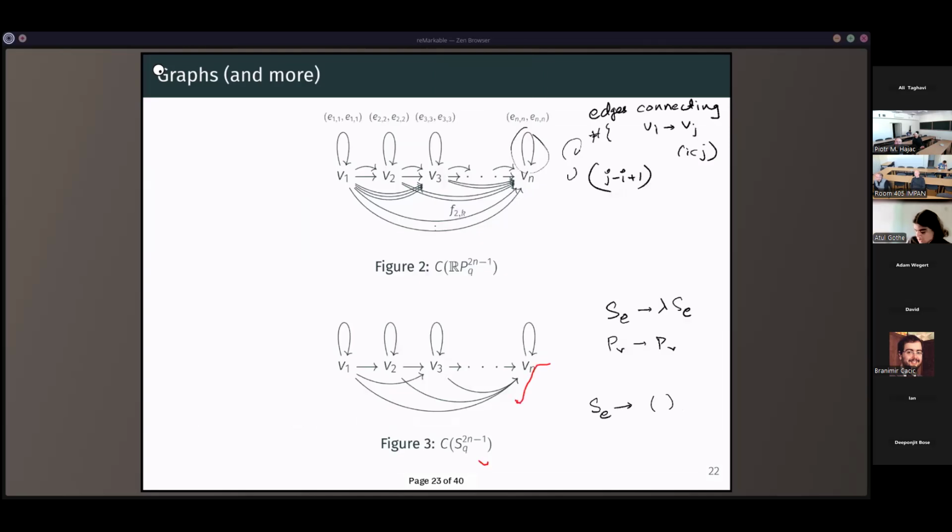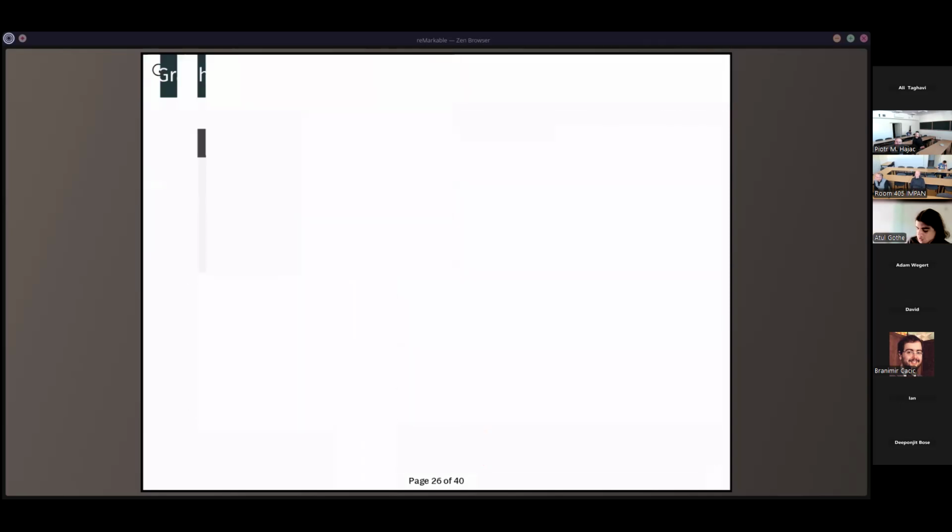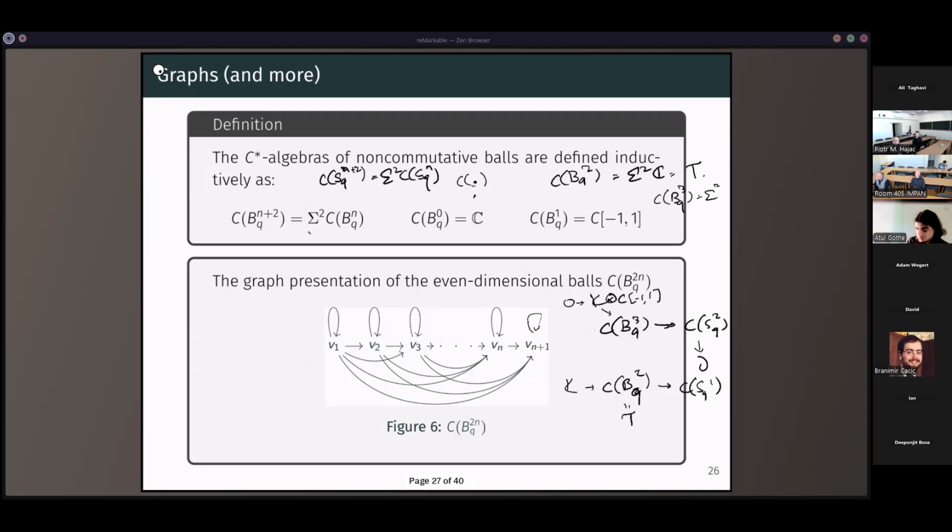For 2n plus 1, we would have another Vn plus 1 and something like this, but we don't have this loop anymore. So the final vertex becomes a sink. And that's a graph presentation for even dimensional balls.